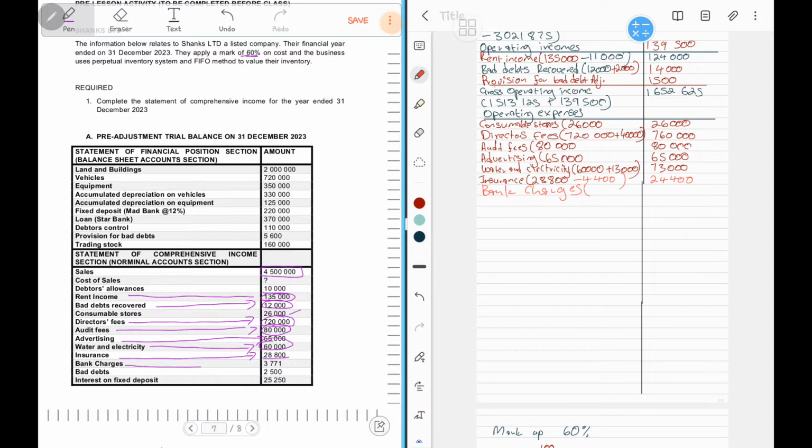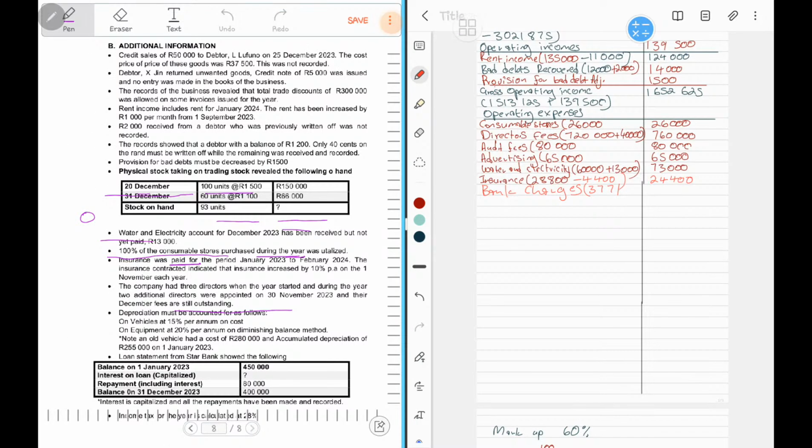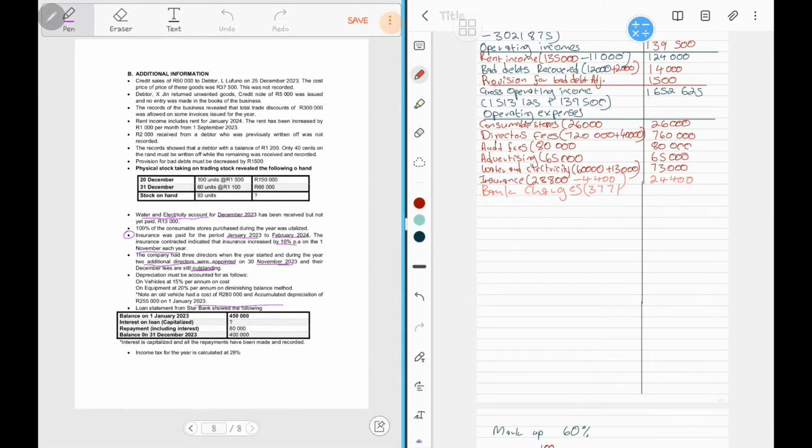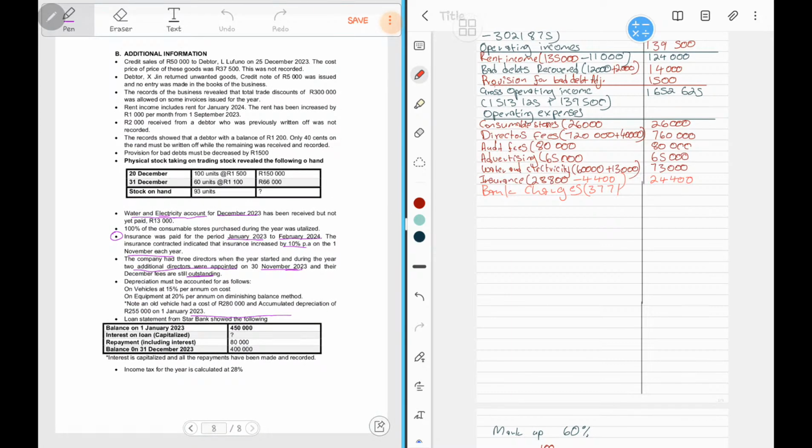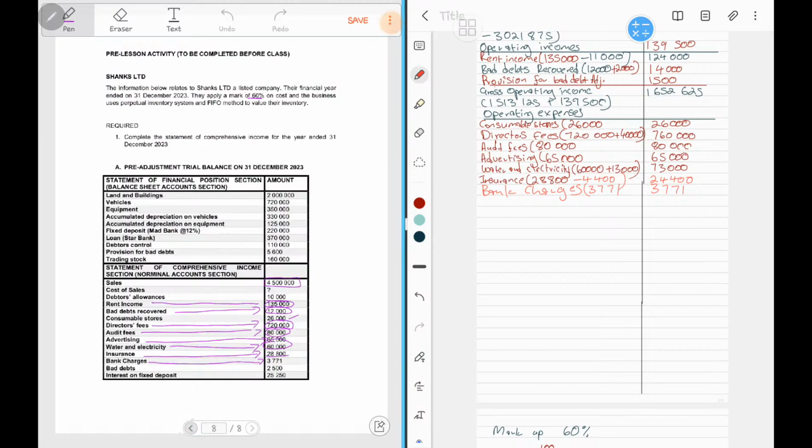So when we plug, we're going to plug the 3,771. Then we're going to check if we have any adjustment that affects bank charges. So based on this information, we don't have it, né? So it will be 3,771.